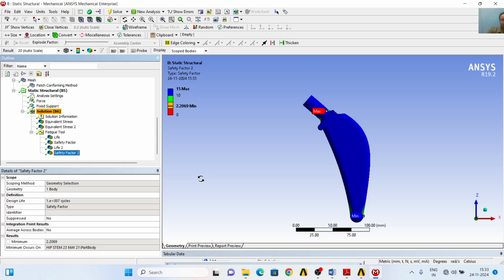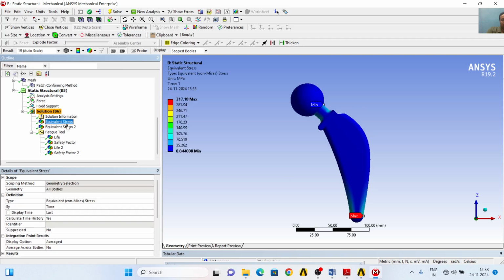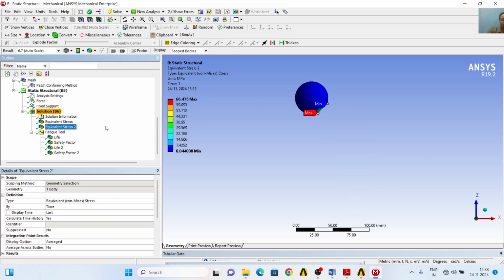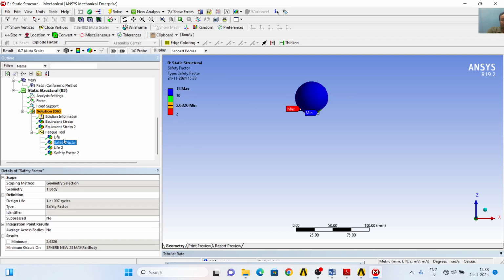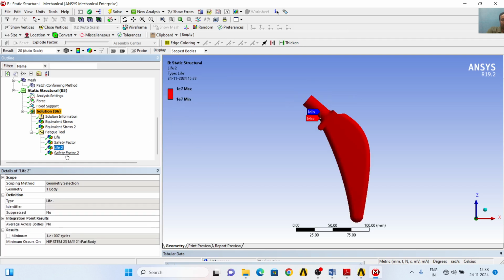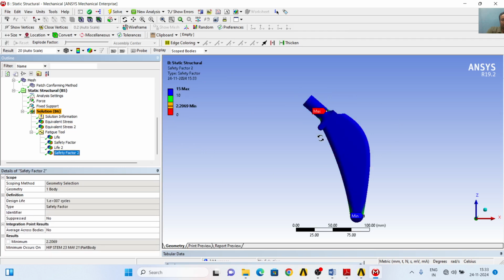So we have now seen how we calculated the stresses for the stem, all bodies, and particularly the head, and the life for head, safety factor for head, life for stem, and safety factor for stem. So in this way we have shown that alumina for the head material and titanium for the stem material are going to survive 10 to the power 7 fatigue life cycles.